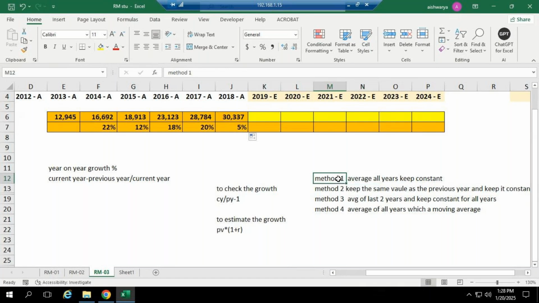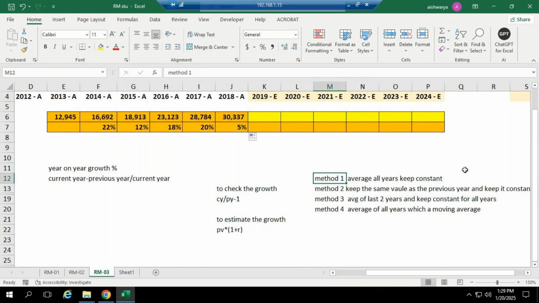Method 1. There are four methods to calculate the year on year growth percentage for the estimated years. The first method is average all years keep constant.